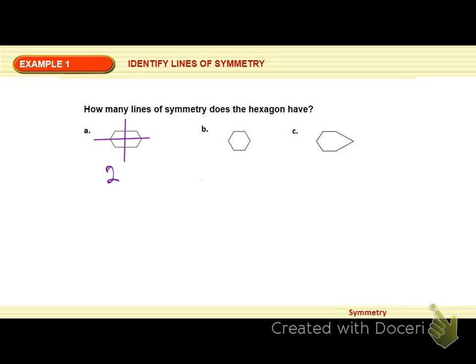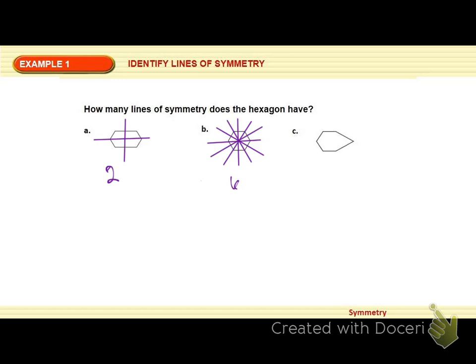In more of a regular hexagon, we could go here, here, or through any of the diagonals, and through any of the sides. So this guy is going to have 6 lines of symmetry.